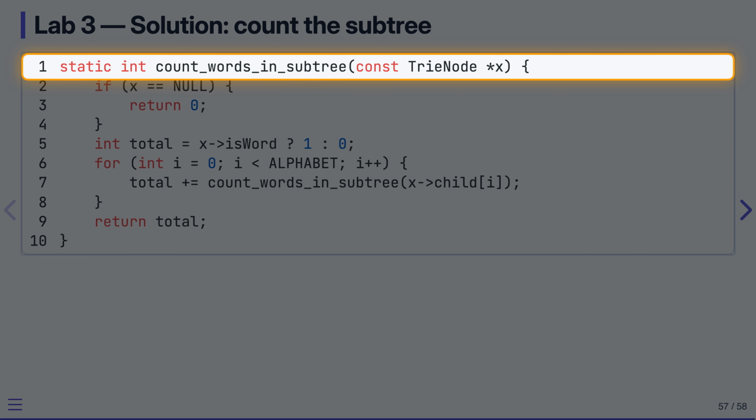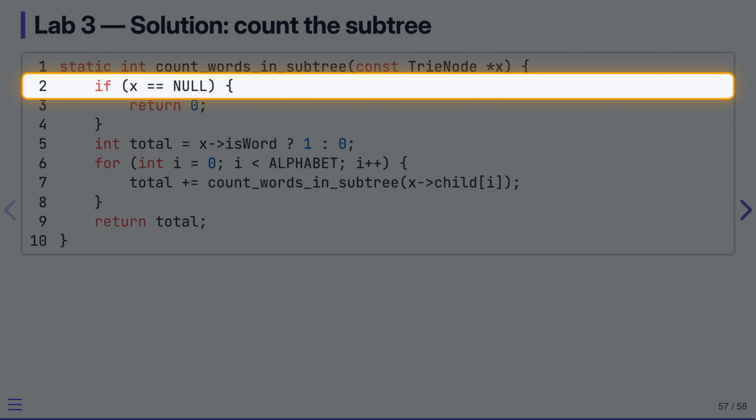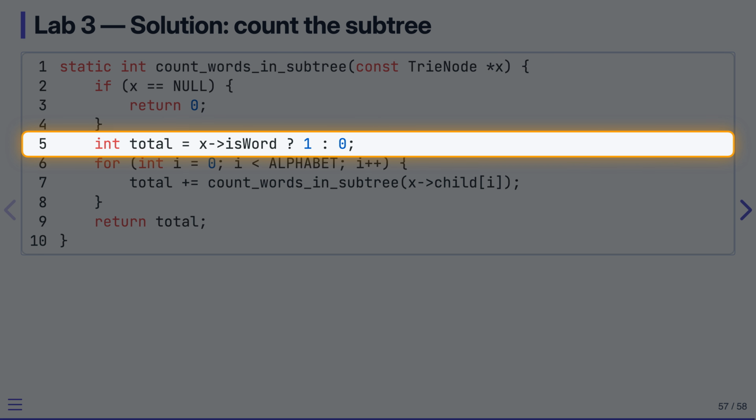Lab 3 needs two pieces. Here is the first, a helper that counts every word in one subtree. The base case: a null node holds no words, so return 0. This node itself contributes 1 if its word flag is set, and 0 otherwise.